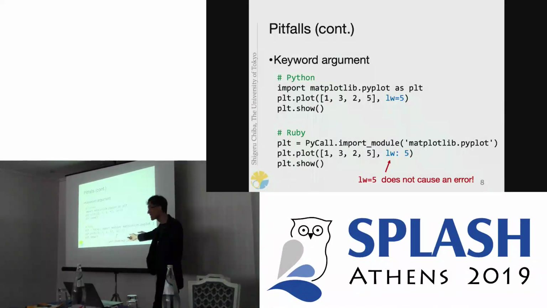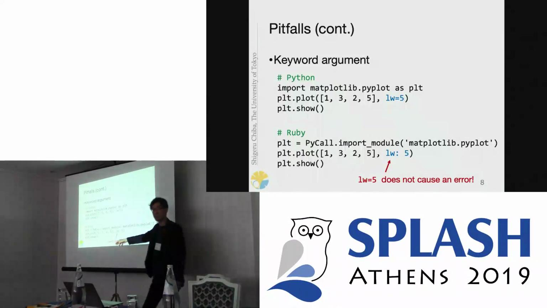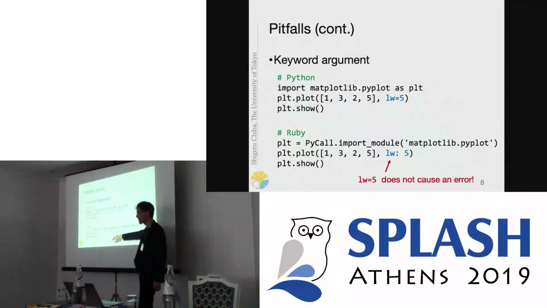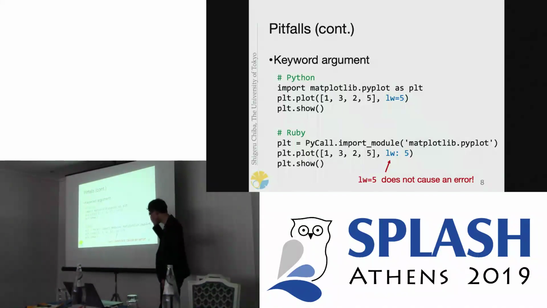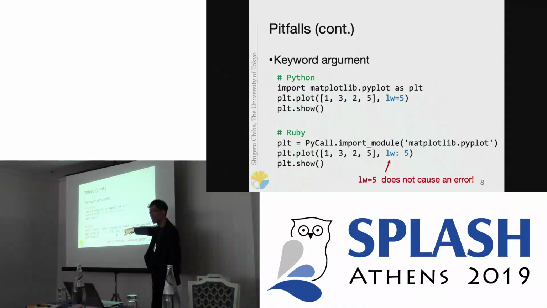What happens? This is an assignment in Ruby. So 5 is assigned to lw, which is a local variable. Maybe the local variable lw is created at this time because Ruby is a dynamically bound language. That's, I should say, bad. So it's very difficult to find before running the code.